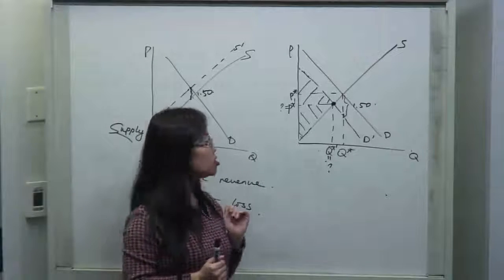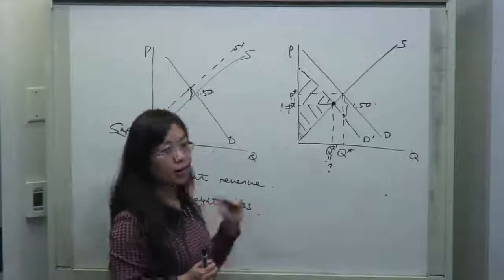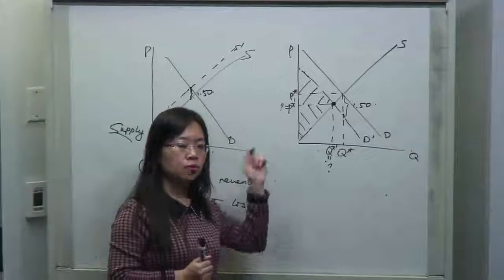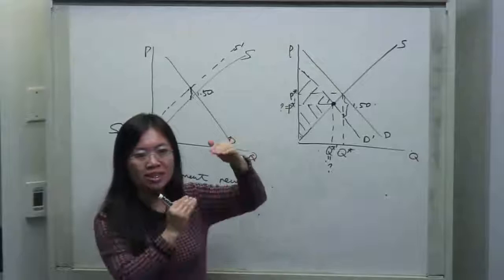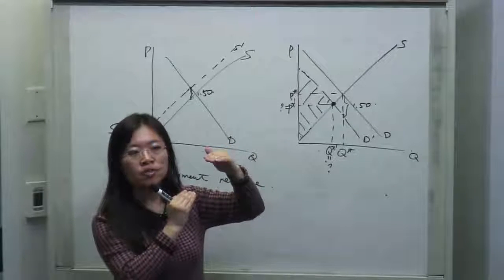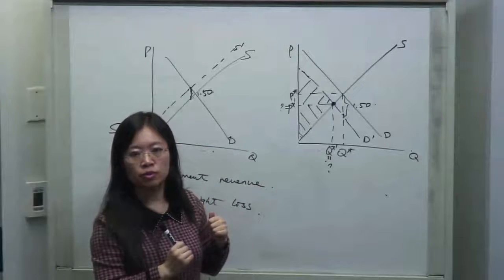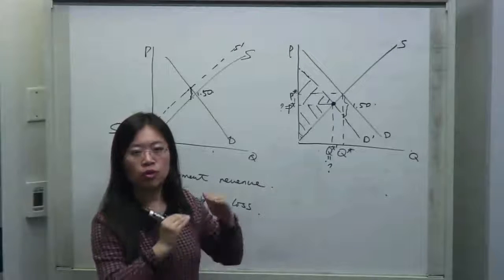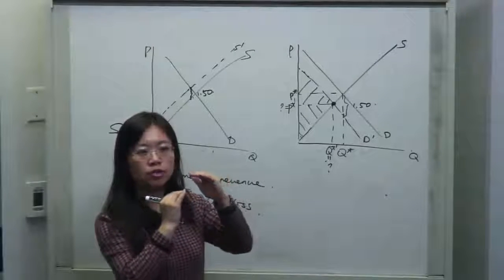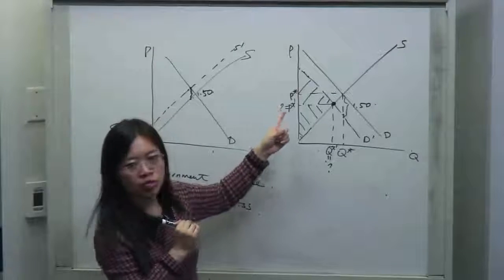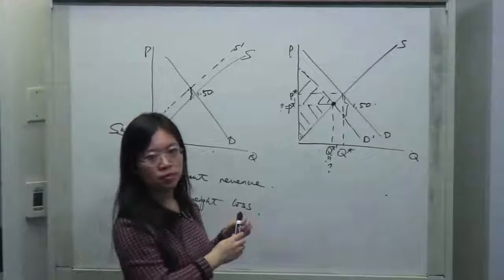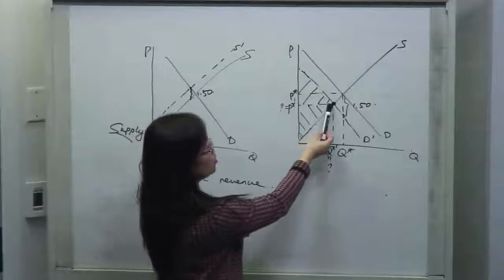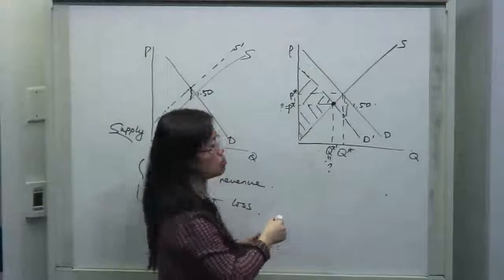We shifted that producer surplus diagonal down. But now what do we do? To empty the area which represents government revenue, how should we shift the triangle? You can shift the consumer surplus to the top triangle. Very good.